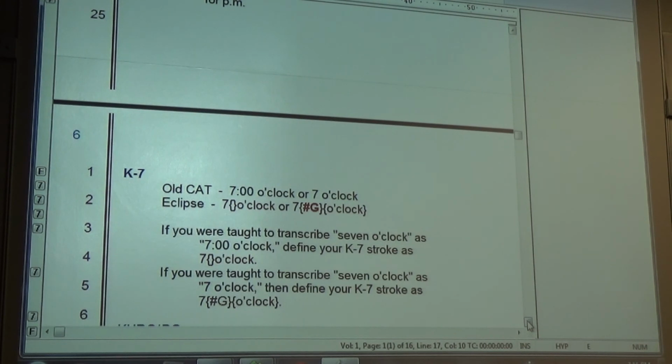It's in your dictionary. That's what it is. Yeah. And whether it's o'clock, whether it's at star K or not.